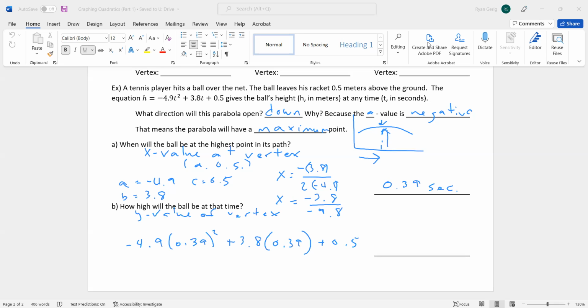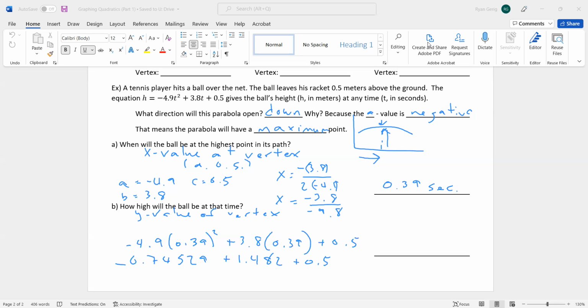All right, so 0.39 squared is 0.1521. And I'm just going to go ahead and multiply it by negative 4.9. And I get negative, and I'm not going to round yet, negative 0.74529 plus 1.482 plus 0.5.